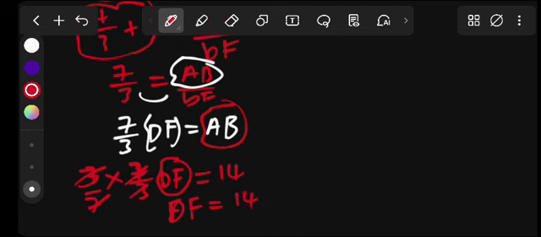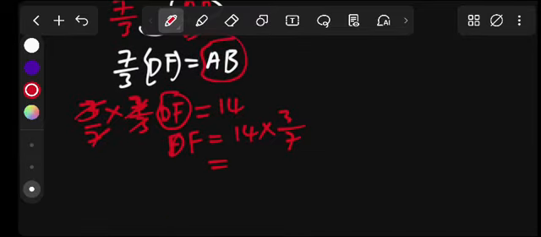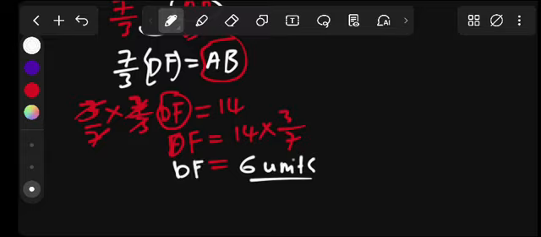This will be 14 multiplied by 3 over 7, like this. By the way, this will simply equal 6 units, which is DF. DF is 6 units. Now we have this DF.